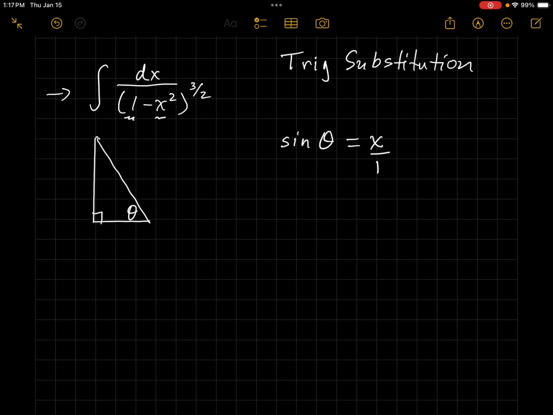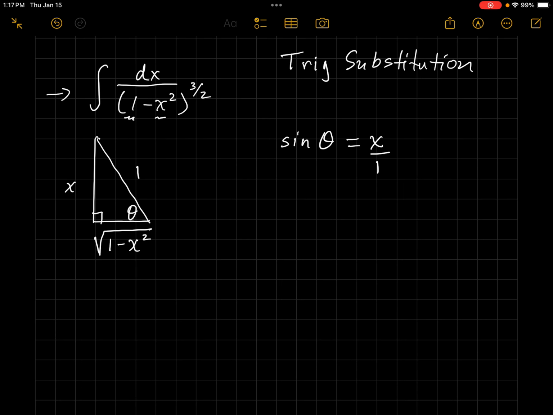But the real clue comes when we fill in our right triangle. So if I choose sine of theta to be x over 1, then x is the opposite side to the angle, and 1 is the hypotenuse. And by Pythagorean theorem, we can get the third side, which is root 1 minus x squared.